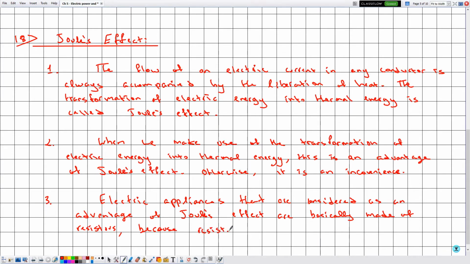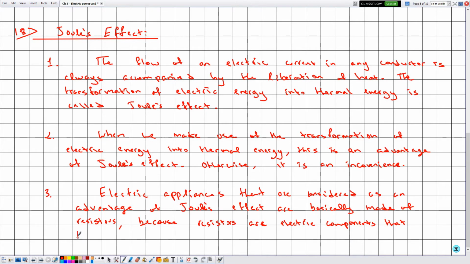Resistors are electric components that transform electric energy into thermal energy. So why does the heater give heat? Because simply it's made up of a resistor. Okay.